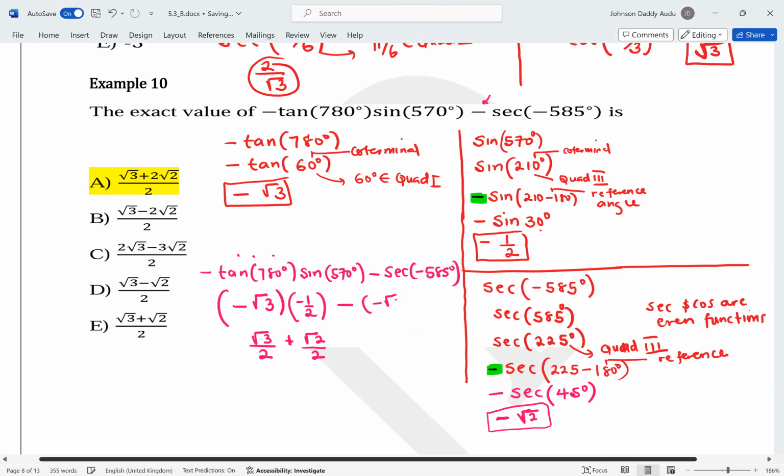This is minus root 3 times minus 1 over 2, and then minus root 2 here. This minus becomes plus, so you have plus root 2. Now you can make it the same denominator. So this becomes root 3 plus 2 root 2 all over 2. So the answer is actually A. It's correct.